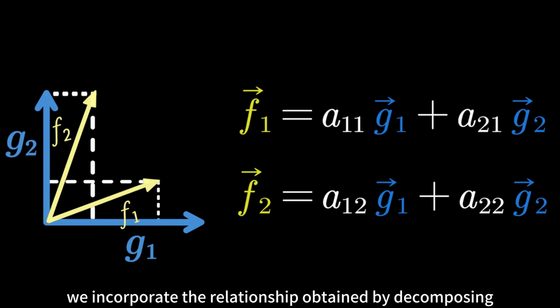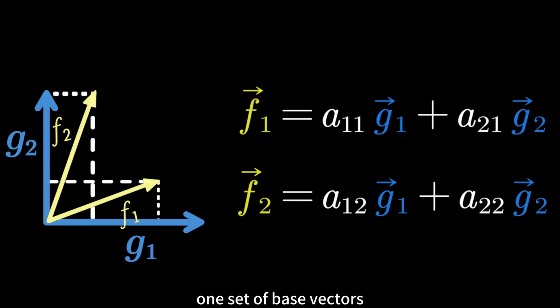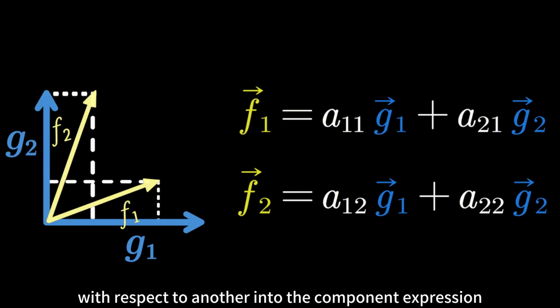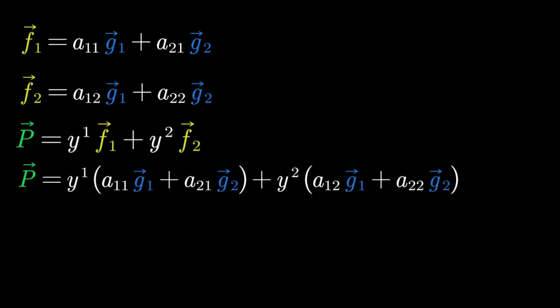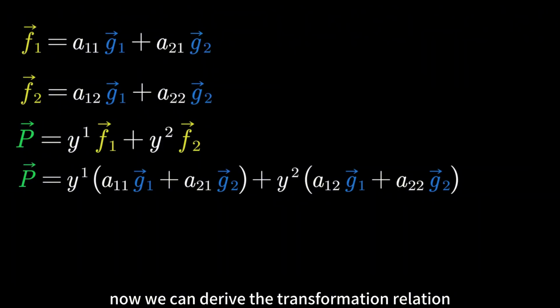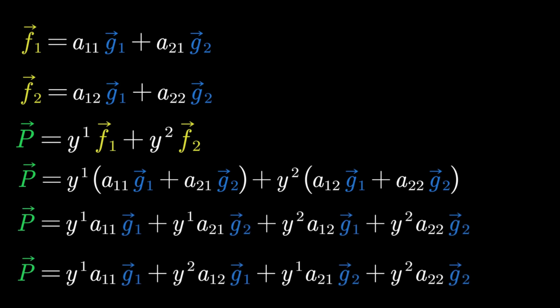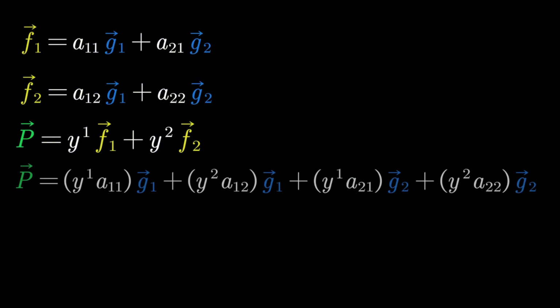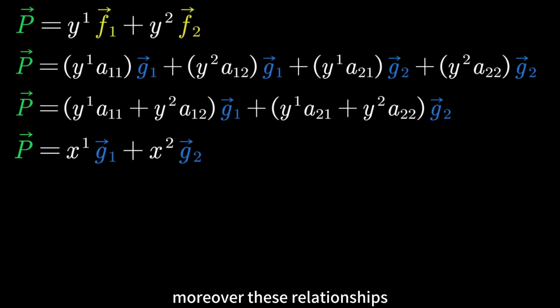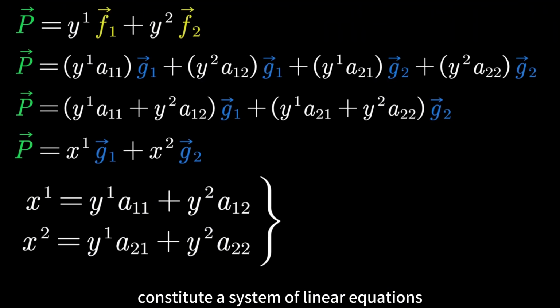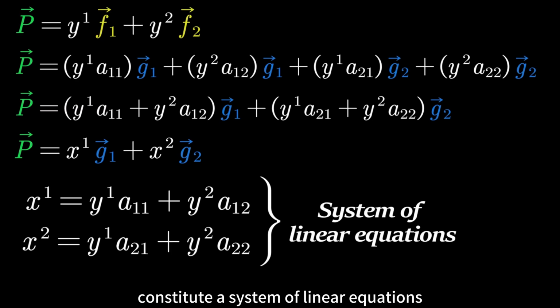We incorporate the relationship obtained by decomposing one set of base vectors with respect to another into the component expression. Now we can derive the transformation relation between the components of y and x. Moreover, this relationship constitutes a system of linear equations.